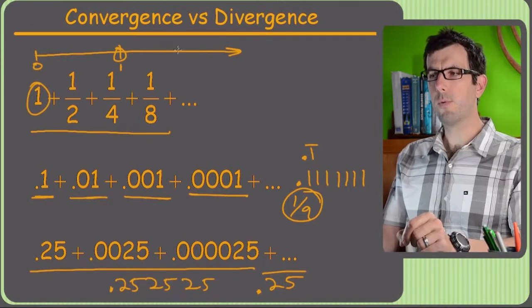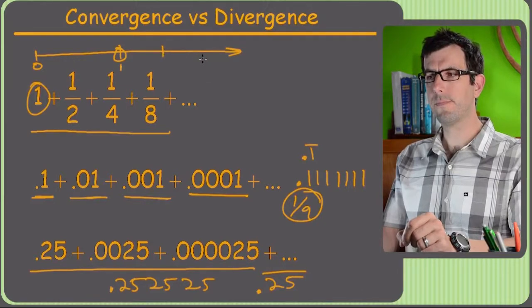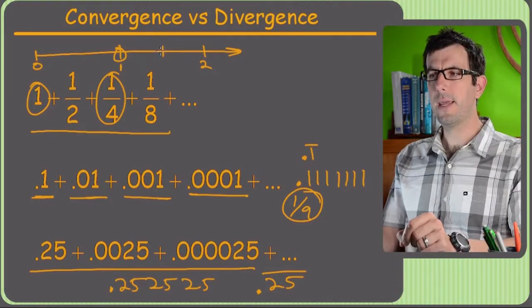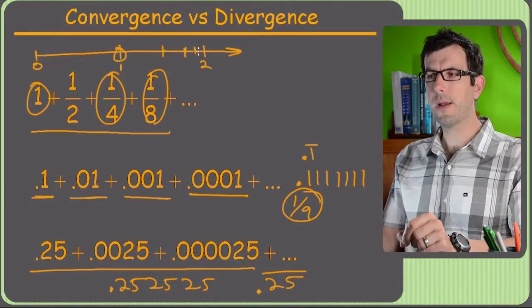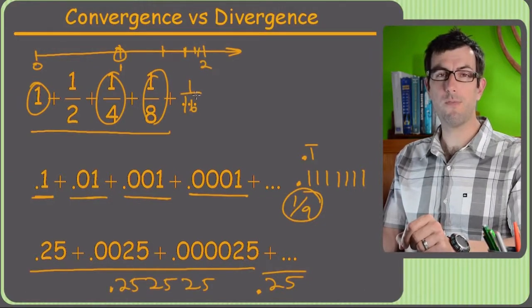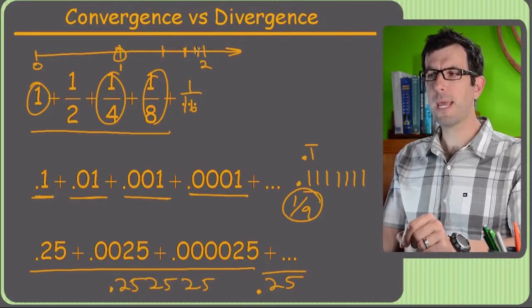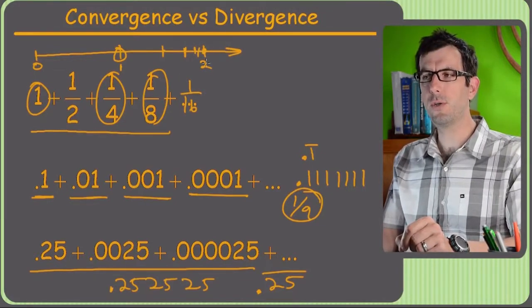After the second term, we're at 1.5. And here's 2. Add a quarter to that, and we get to right here. Add an eighth to that, we get to right there. And with each successive term, because these are all just powers of 1/2, we get halfway closer to the number 2.